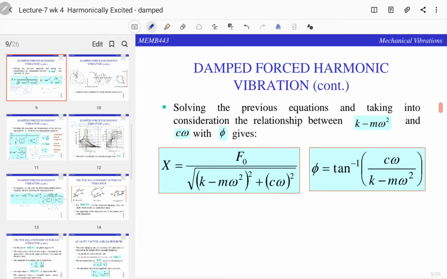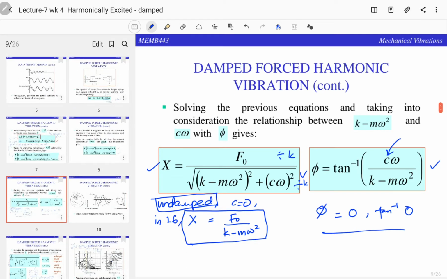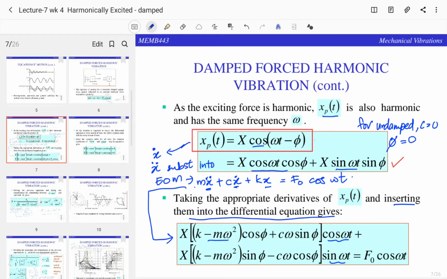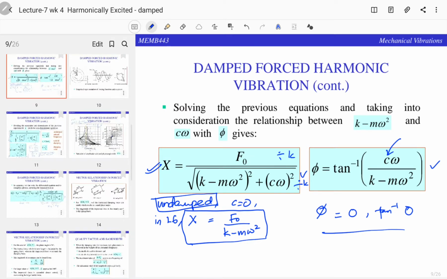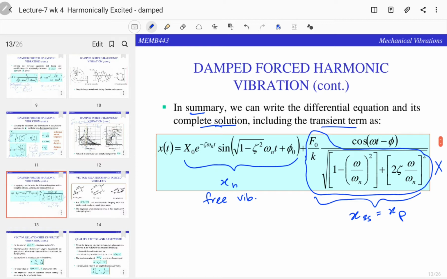We are substituting based on this solution. Remember, this is the solution, so you know what X is. You just substitute, which is this formula. That's how you get this particular solution, capital X, or the amplitude.